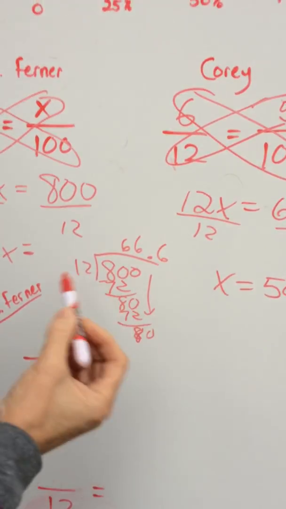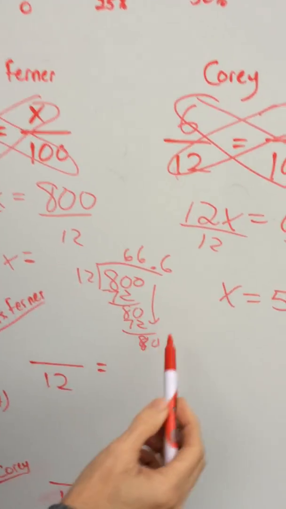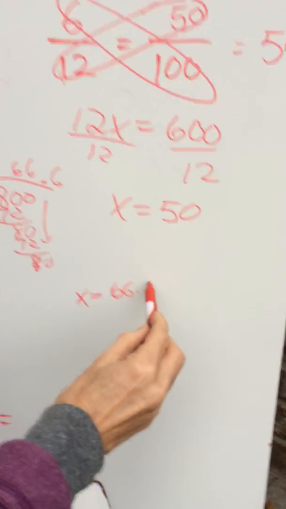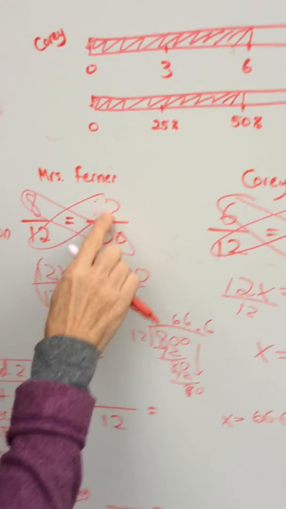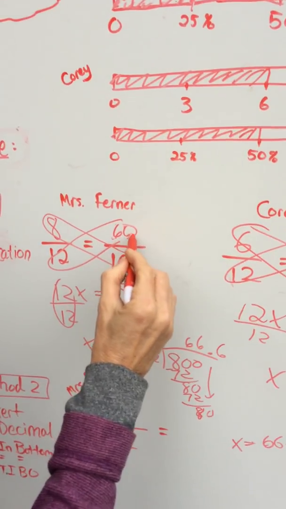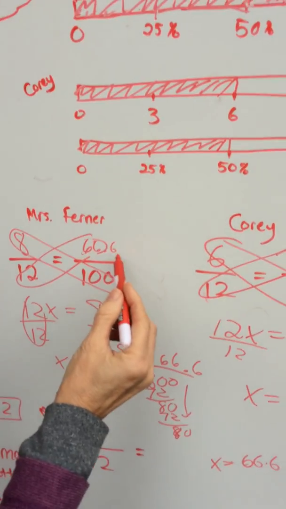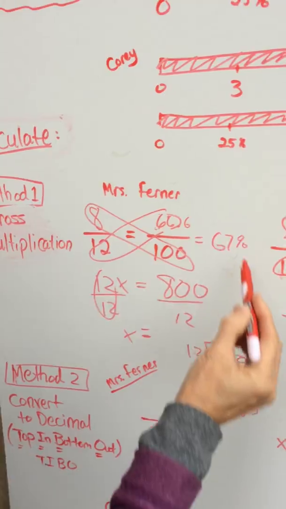So x would be 66.6, and that would go on forever. But we could just call it 66.6% or 67% if I was rounding.